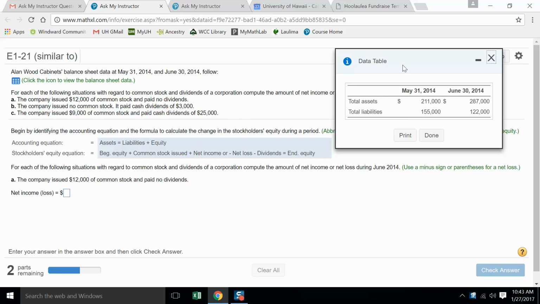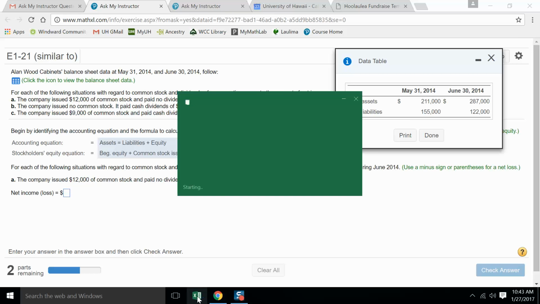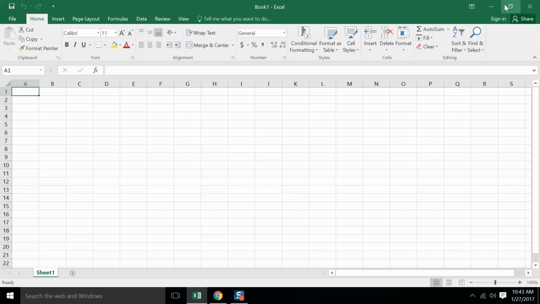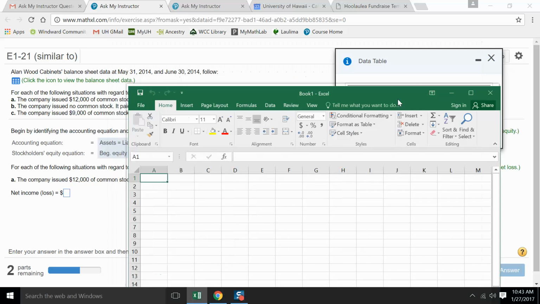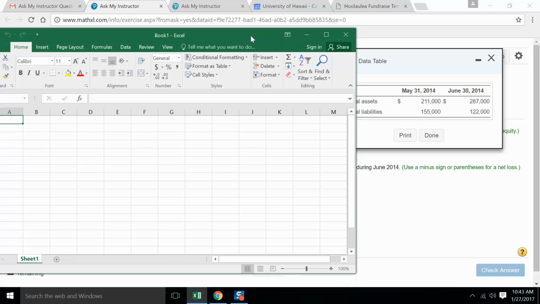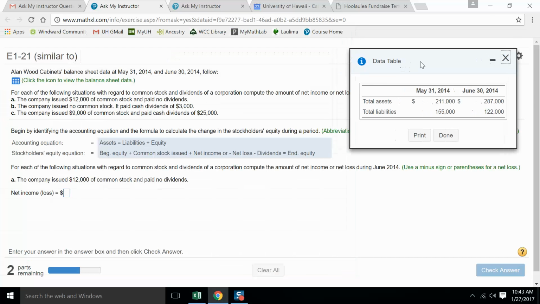You're missing the equity piece, but you can easily find the equity piece for each month end by subtracting total liabilities from total assets. So the first thing that I would do is I might set myself up like this and right along here, maybe side by side, so I can do the work.